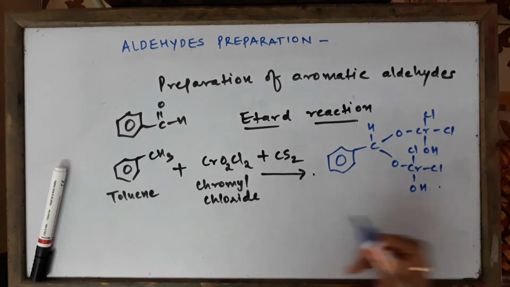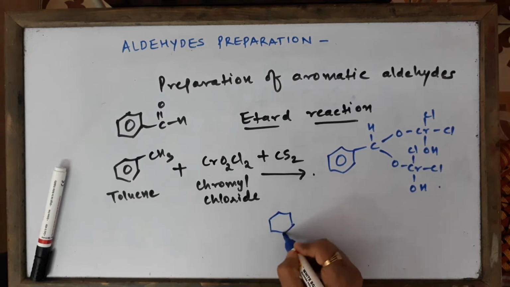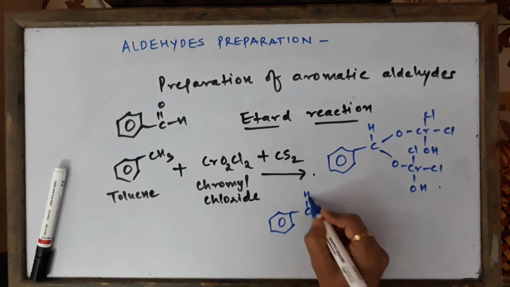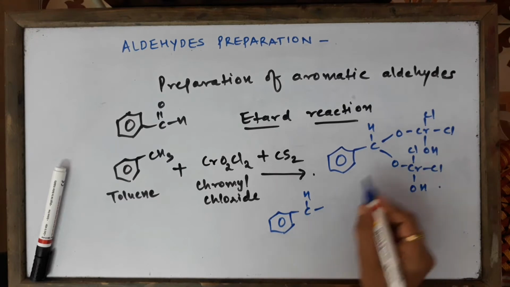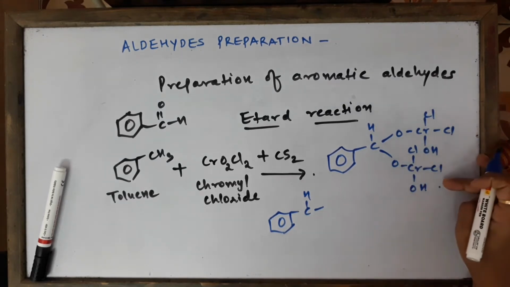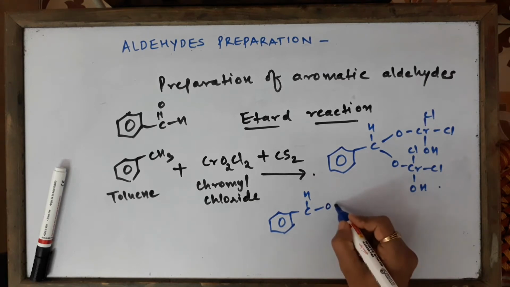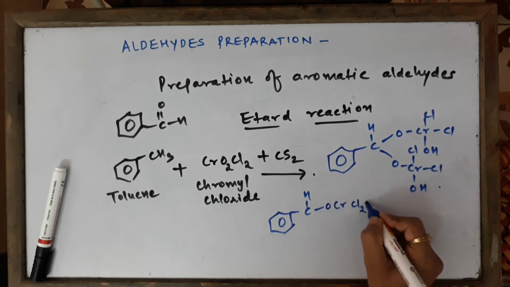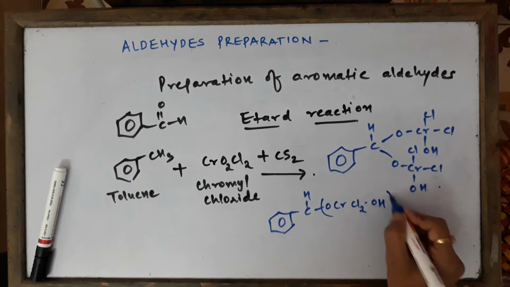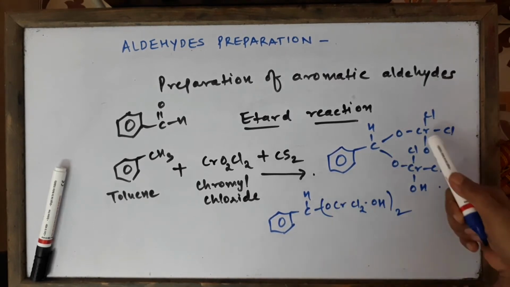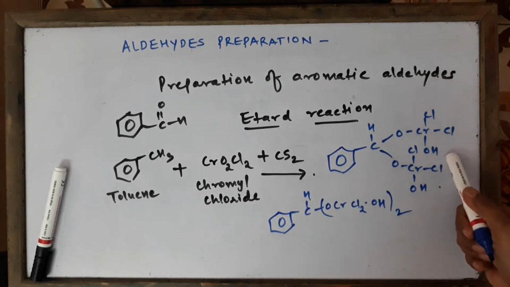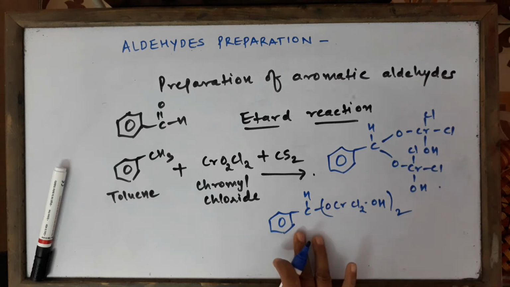So I can write it in the shortcut also like this, CH. And I can just write this, that this particular thing is appearing 2 times. So I can just write it in the shortcut like this, OCrCl2.OH twice. Look at this, OCrCl2.OH twice.